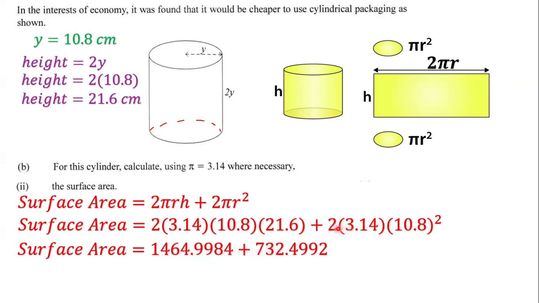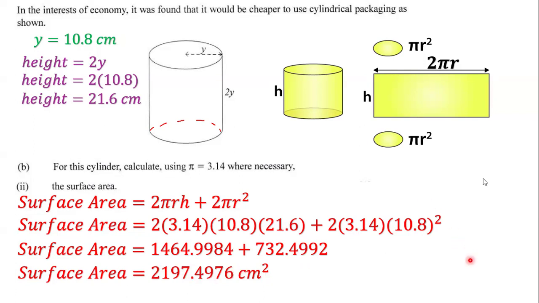Plus 2 times 3.14 times 10.8 squared, which gives us 732.4992. When we add these two together, we get 2,197.4976 centimeters squared. So the surface area of this cylinder is 2,197.4976 centimeters squared. And that's the answer to this particular question.